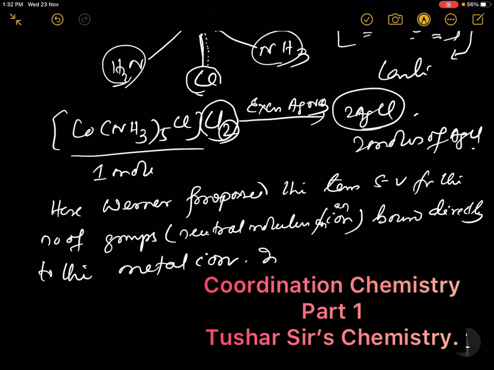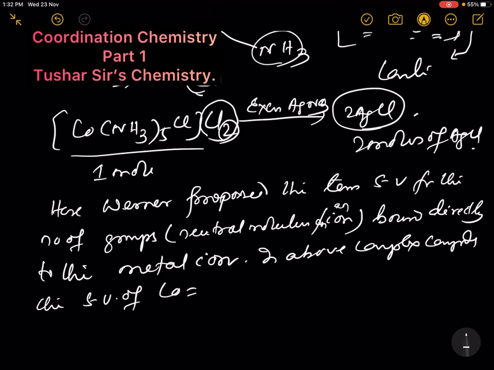In the above complex compounds, the secondary valency of cobalt is 6.